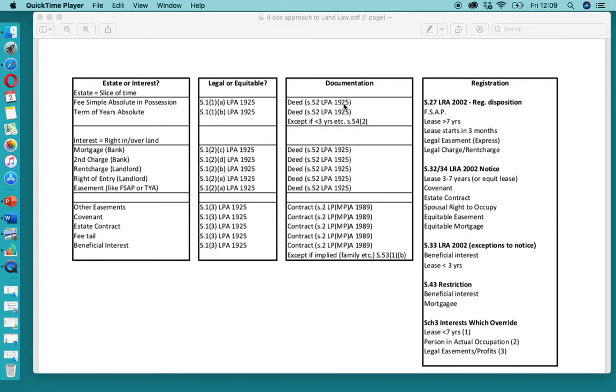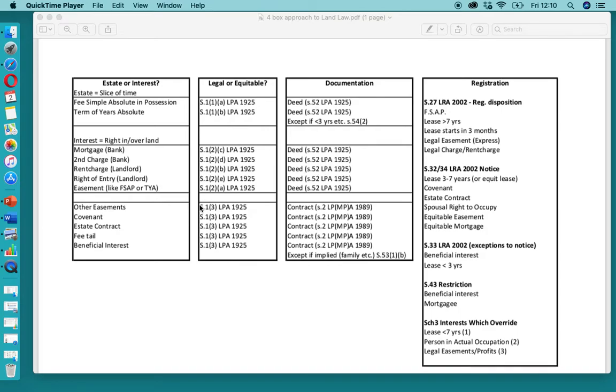So our need for a deed, if you like, and or another form of documentary evidence will be subject to what you've discovered in the previous two boxes. What estate or interest was it? Was it capable of being legal or only ever could be equitable? And then in order to become legal, has it had the right document attached to it to make it legal? So a deed.